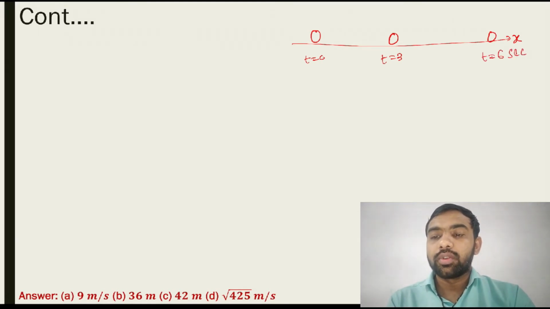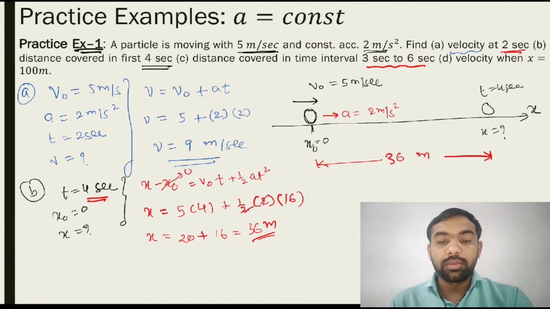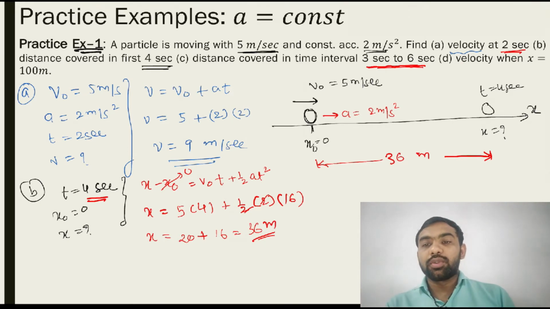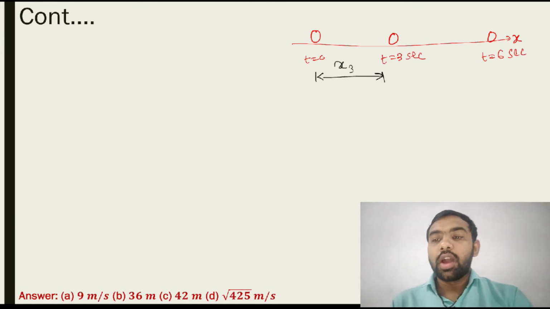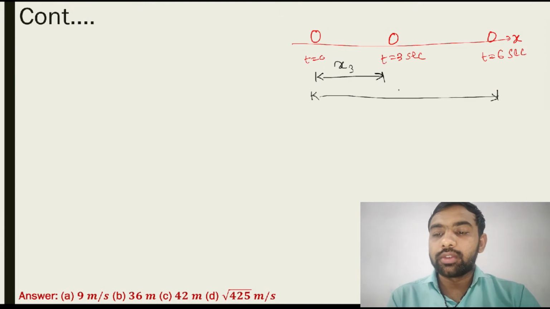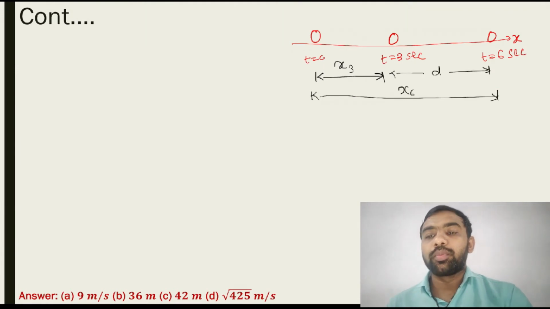You have to find the distance covered from 3 seconds to 6 seconds. How much distance is covered in 3 seconds? This one is x3. How much distance is covered in 6 seconds? This much is x6. So you have to find this d.